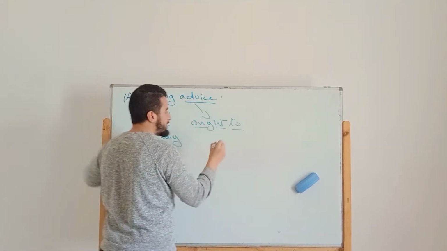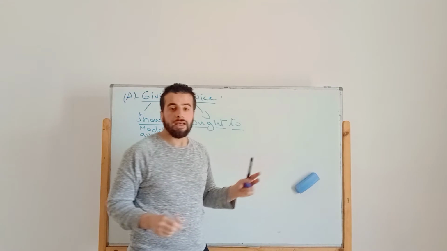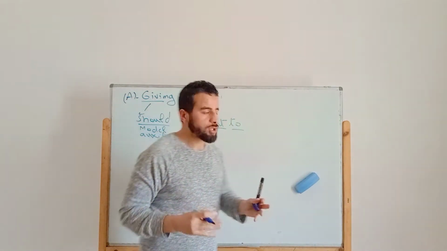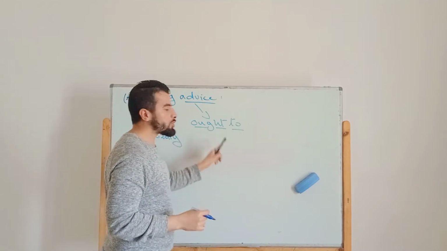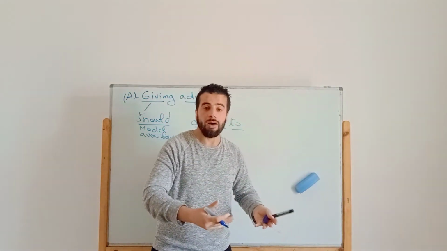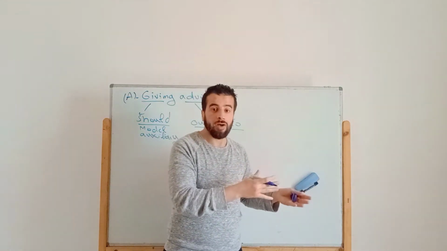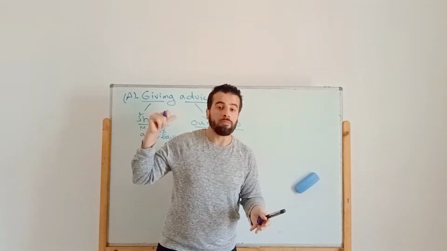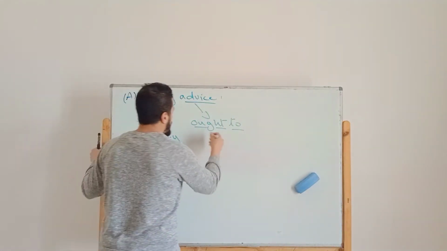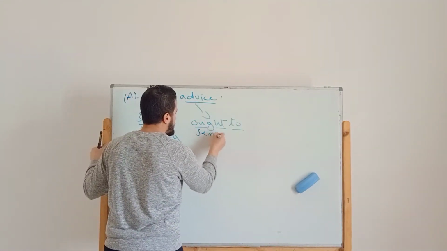Both of these have a mutual function. So you can say should or ought to. It is the same. But the common way where people give advice, they usually use the modal auxiliary should. Ought to is a semi-modal.